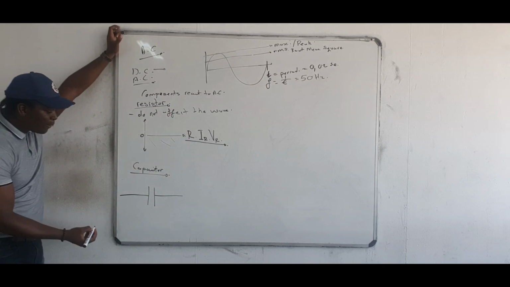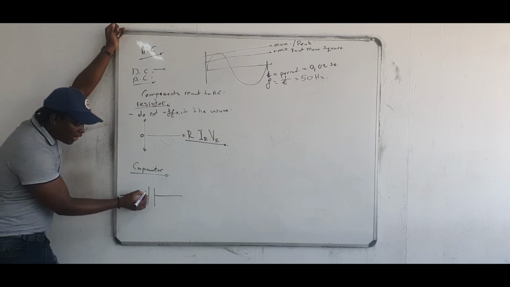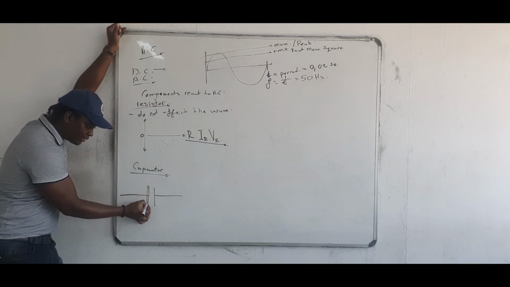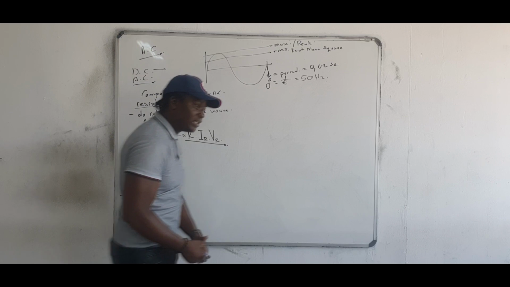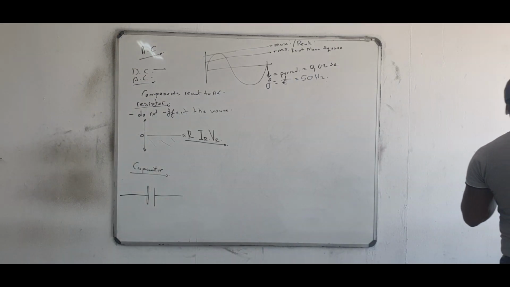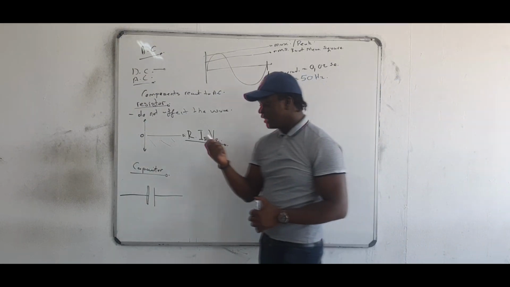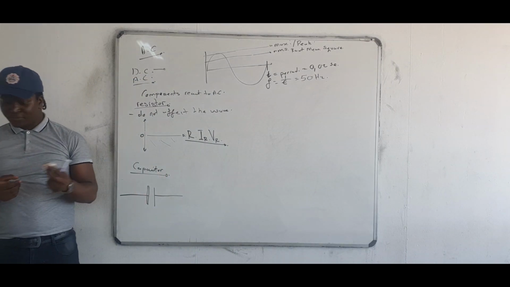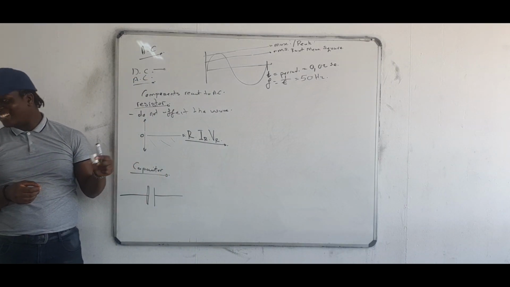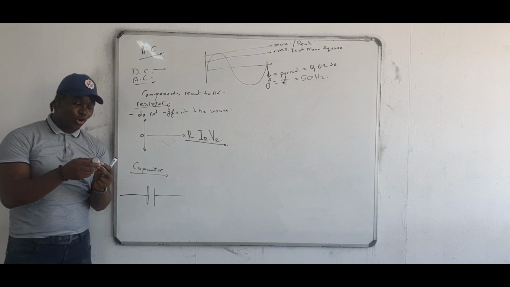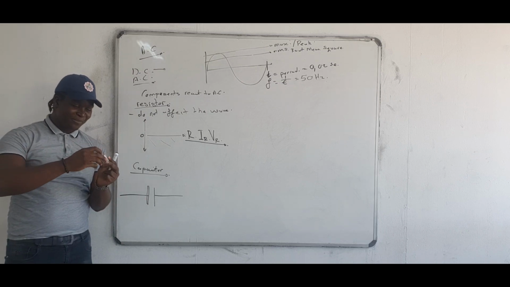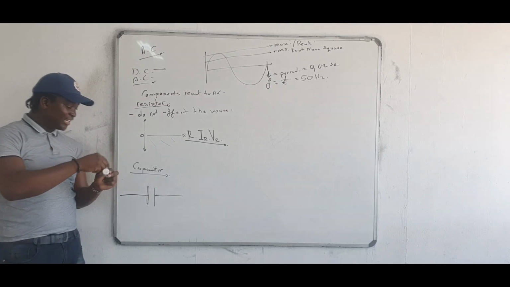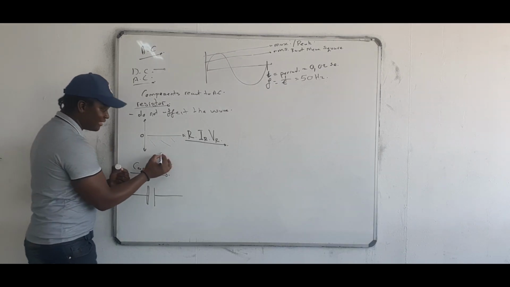Okay, so let's start. A capacitor is made like this. You have one conductive plate. Are we together? I've got a capacitor here. Let me show you. I tried unsuccessfully to open this capacitor. Now, if you were to open this capacitor up, you would find that there are plates, sheets.